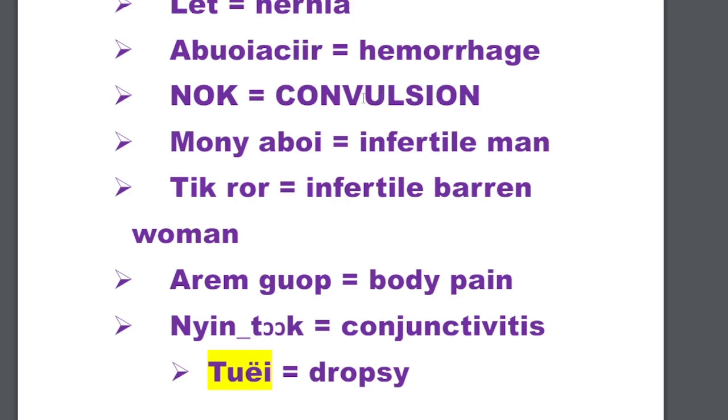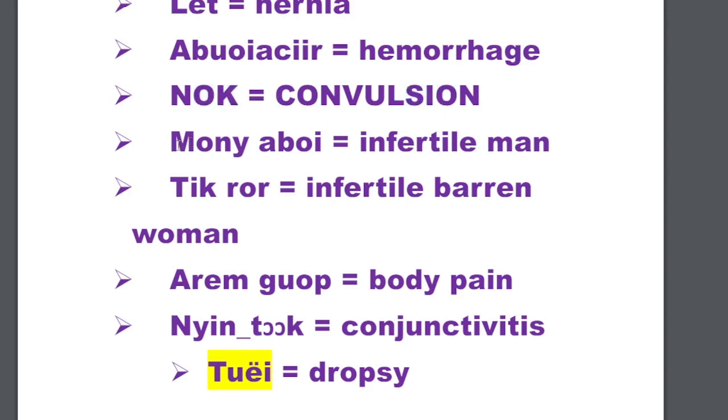Who is not going to understand it? I don't want to confuse you guys that I want to be pronouncing American accent or British accent. I just pronounce it in the way that is common, so that we learn. Okay, nook. So this is a common sickness, common type of disease. In Dinka we call it nook, and in English it's called convulsion.